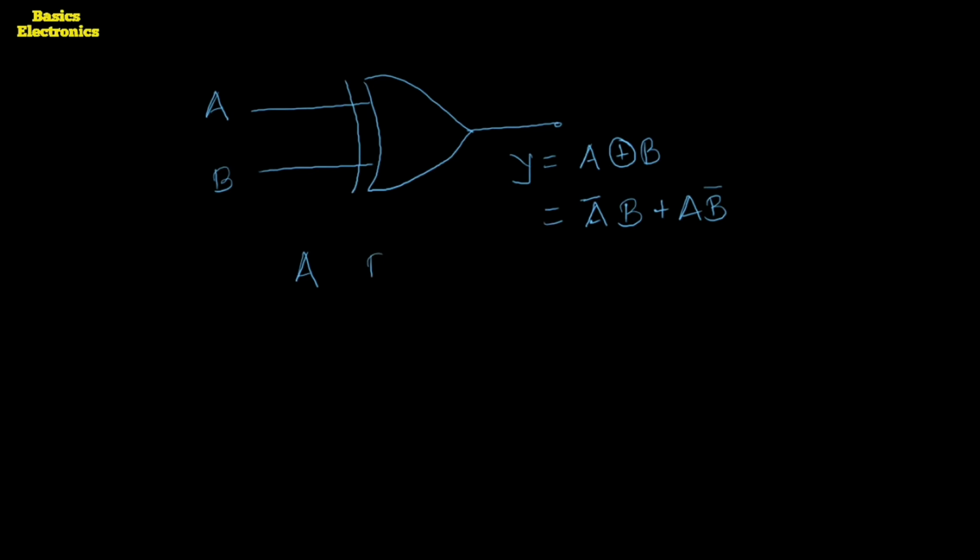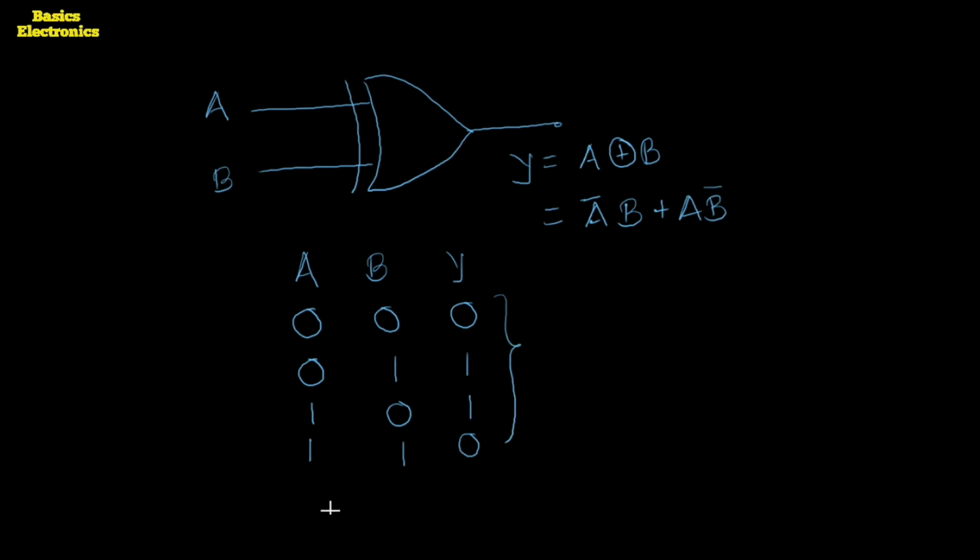Suppose the two inputs are A and B, and the output is Y. If A is equal to 0 and B is equal to 0, then output Y is equal to 0. If A is 0 and B is 1, then the output is 1. If A is 1 and B is 0, then the output is 1. But when both inputs A and B are equal to 1, the output becomes 0.